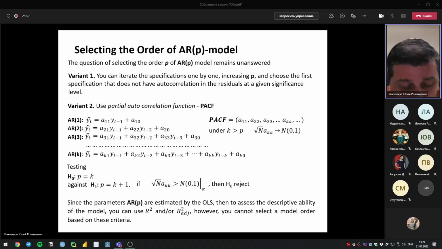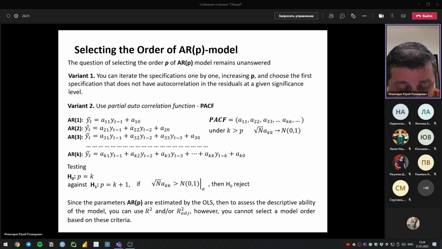Also, since our AR(P) is quite normally estimated by the least squares method, we can use R squared or adjusted R squared to assess the descriptive ability of the model. But choosing the order of the model based on this criterion is not recommended. Just as it is not recommended to choose the order of the model based on the t-statistic.